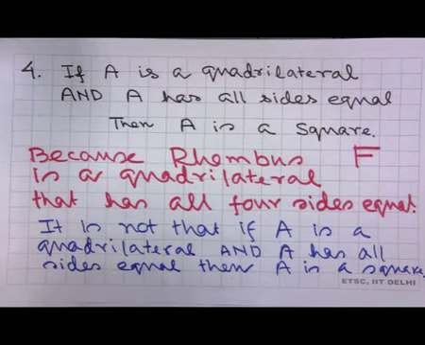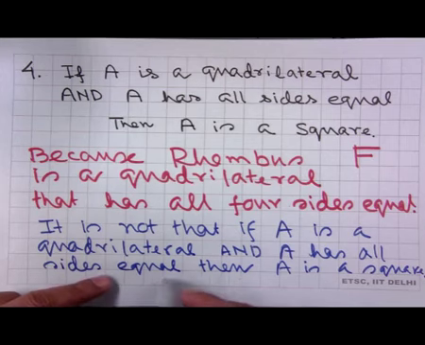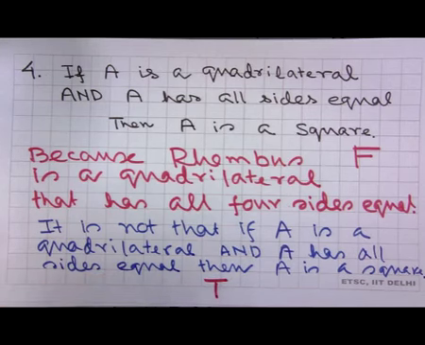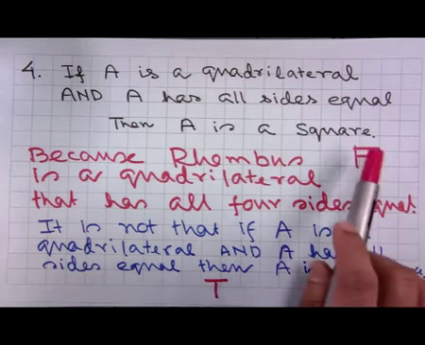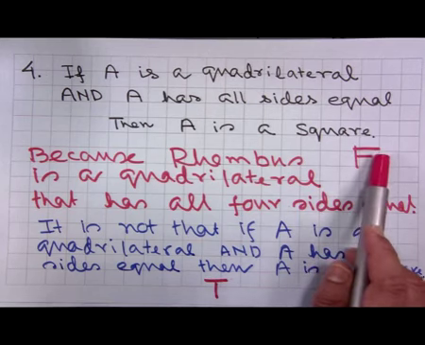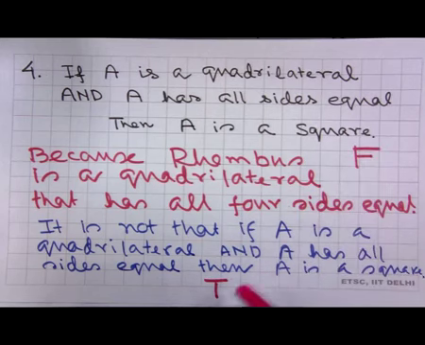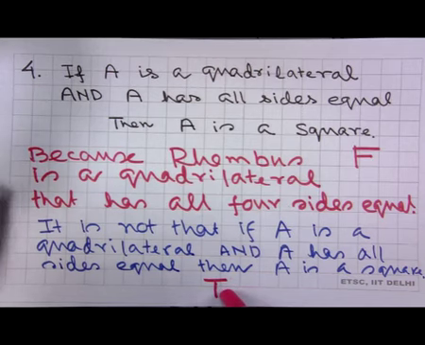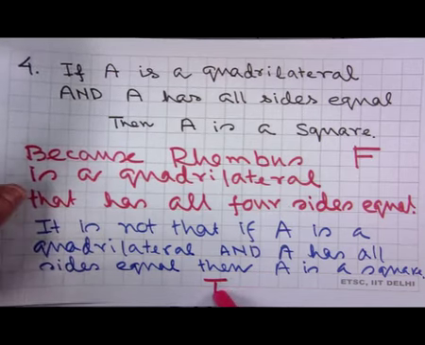This is true, because of the existence of rhombus. That is the beauty of negation. If something is a false statement, then its negation is going to be true, and if something is true, then its negation is going to be false.